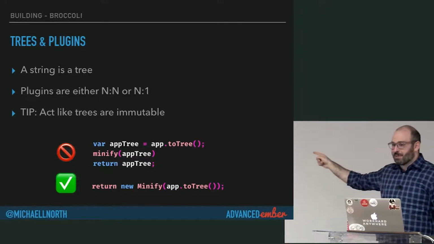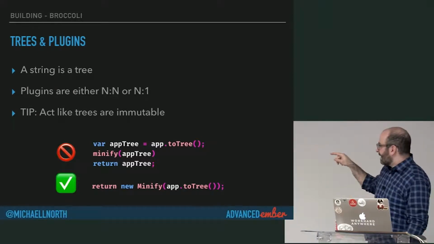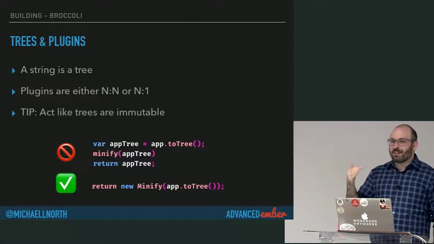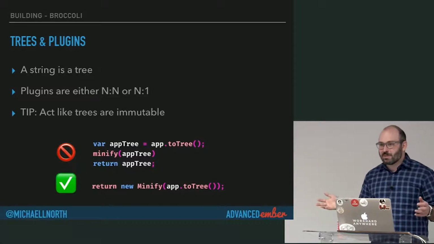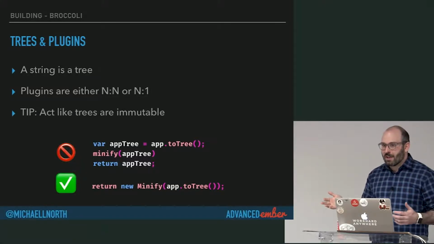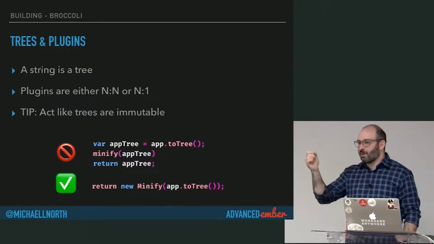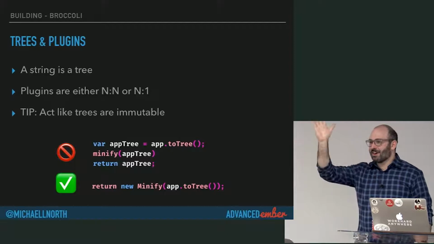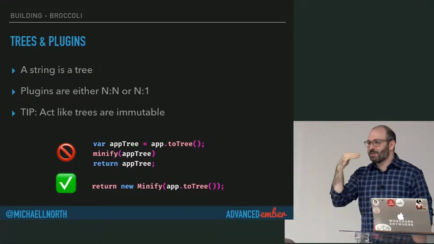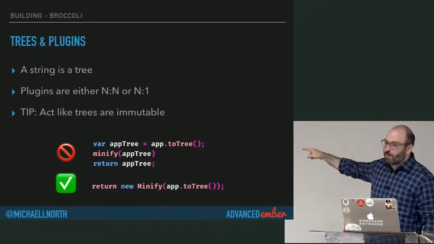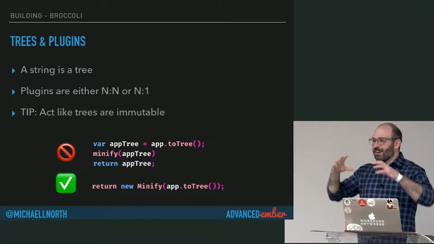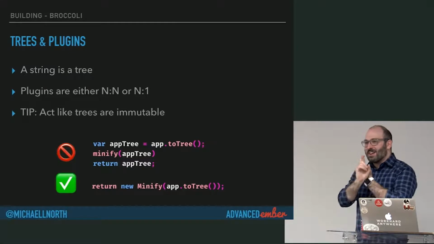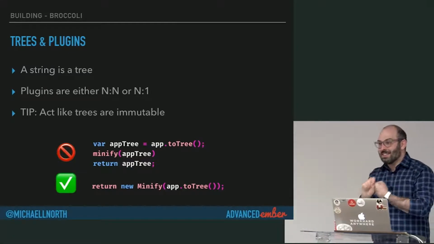So in the top example here, the wrong one, you can see that we're expecting, it's almost as if we're expecting app tree to be modified by passing it into this minify plugin. And this would be just an orphaned linked list node or something that's just lying around inside this function and eventually thrown away. It's not part of what we return, and so it's not part of this pipeline that we've built. This is particularly important when you're thinking about debugging.